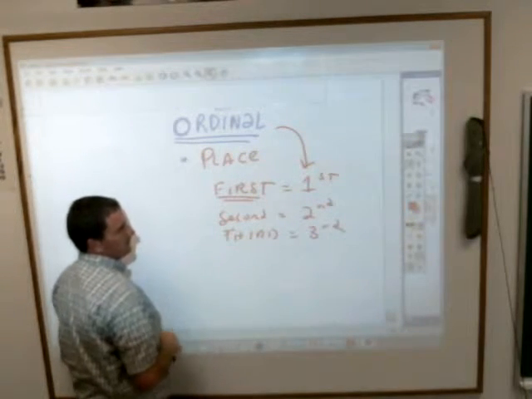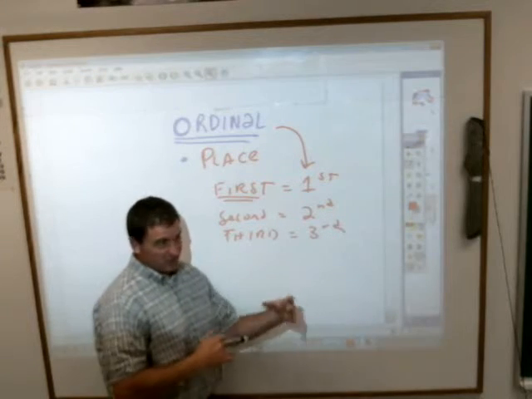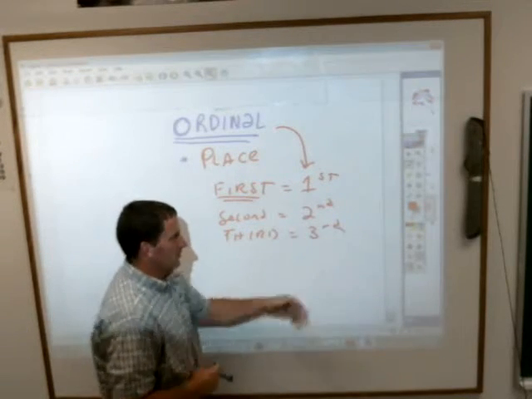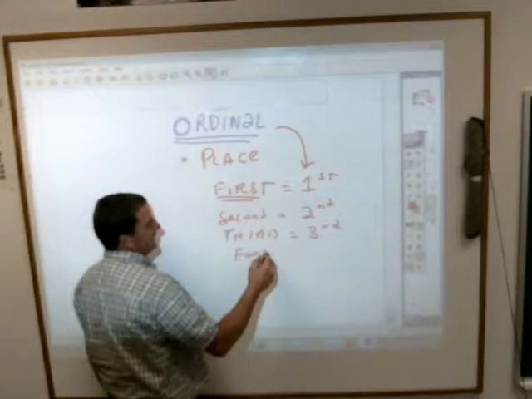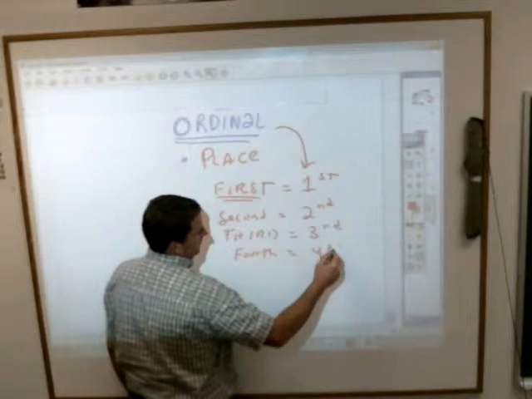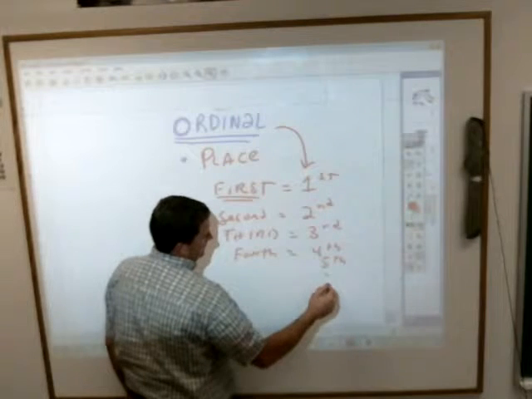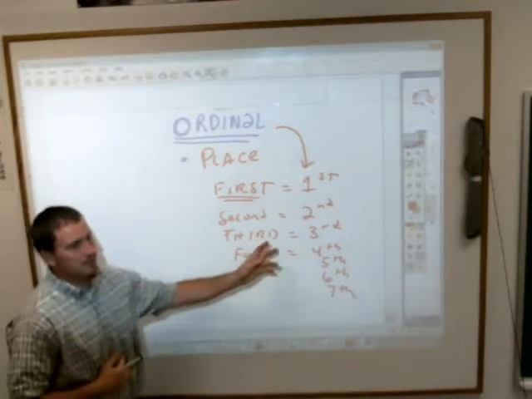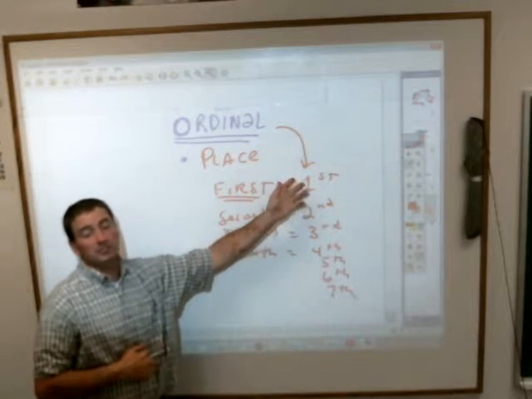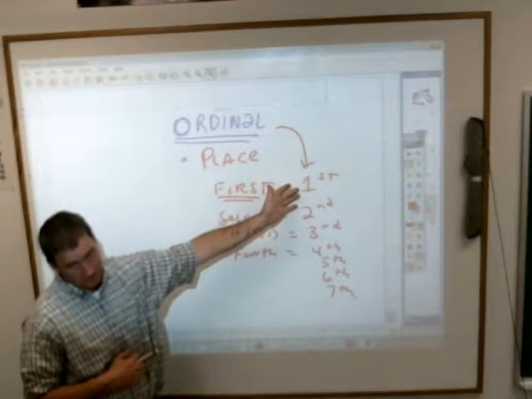And then third, we have the little third. And then after that, I don't know why they didn't do it all consistently the same. First, second, third. Everything after that is with a TH. Fourth, fifth, sixth, seventh, okay? But when you get back to something that ends with a 1, 21st place, you have to use the first.